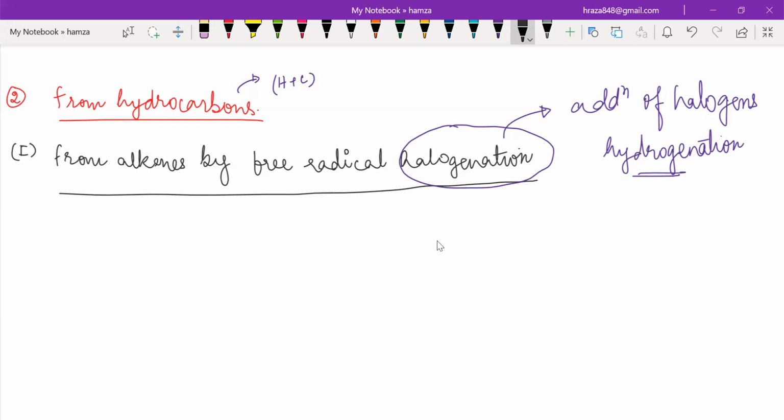So see, basically we are going to do halogenation, that means in alkanes, not alkenes, sorry.